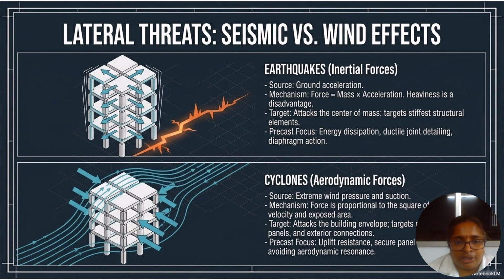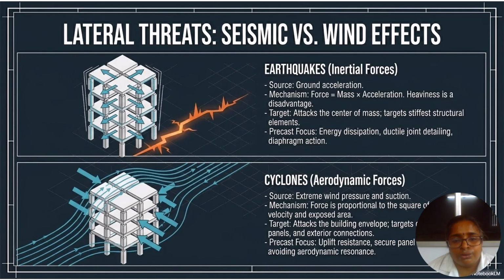Lateral threats: seismic versus wind effects. As we all know, the two major lateral forces acting on a component or a building are wind effects and earthquakes. The source of earthquakes is ground acceleration, and the mechanism is force equals mass times acceleration, so heaviness is a disadvantage. The target is the centers of mass and the stiffest structural elements.